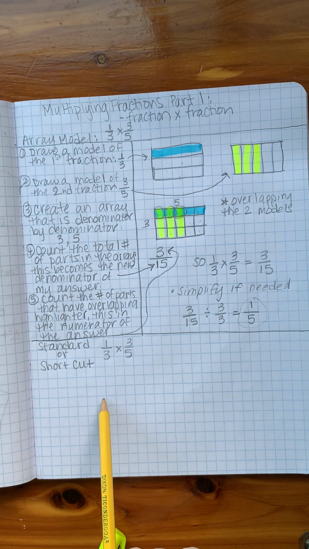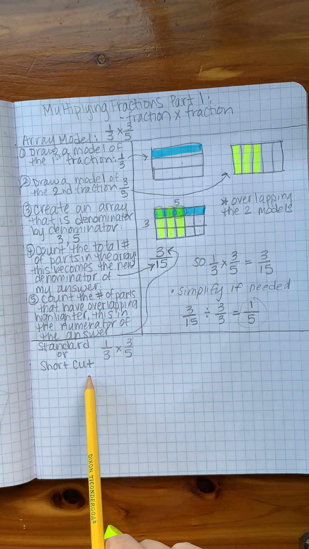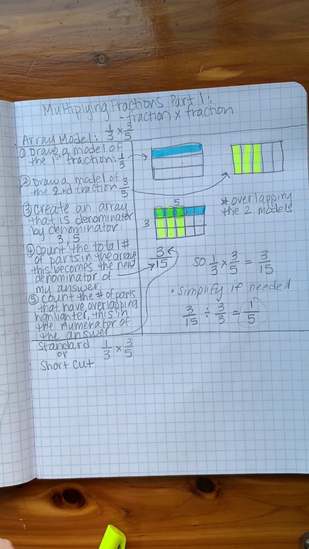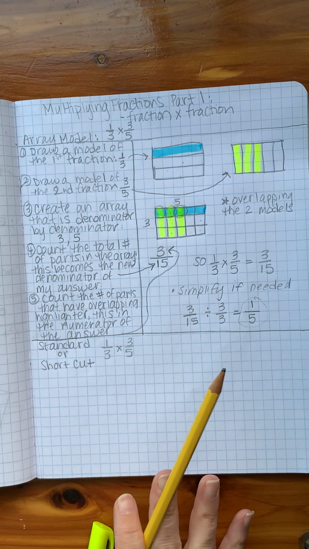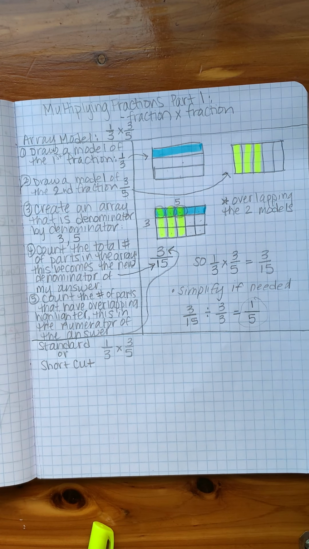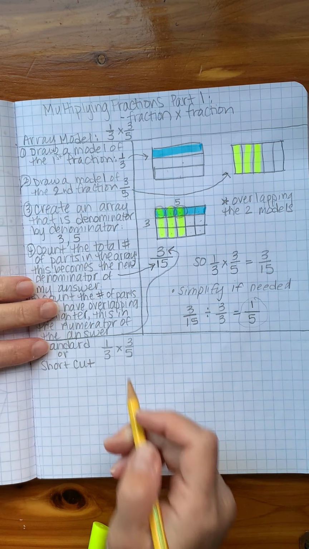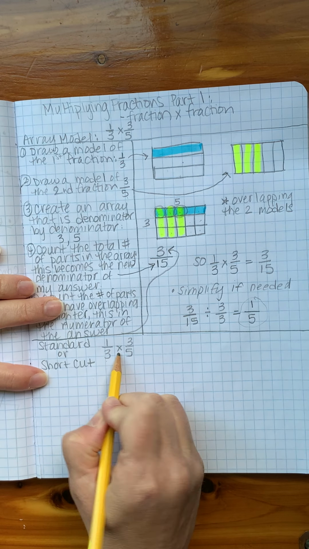Down here, I'm going to show you the standard algorithm, or the standard process, for multiplication when we are multiplying a fraction by a fraction. The reason why I call it a shortcut, you'll see in a minute, is that it is very easy. So I'm going to write 1/3 times 3/5.